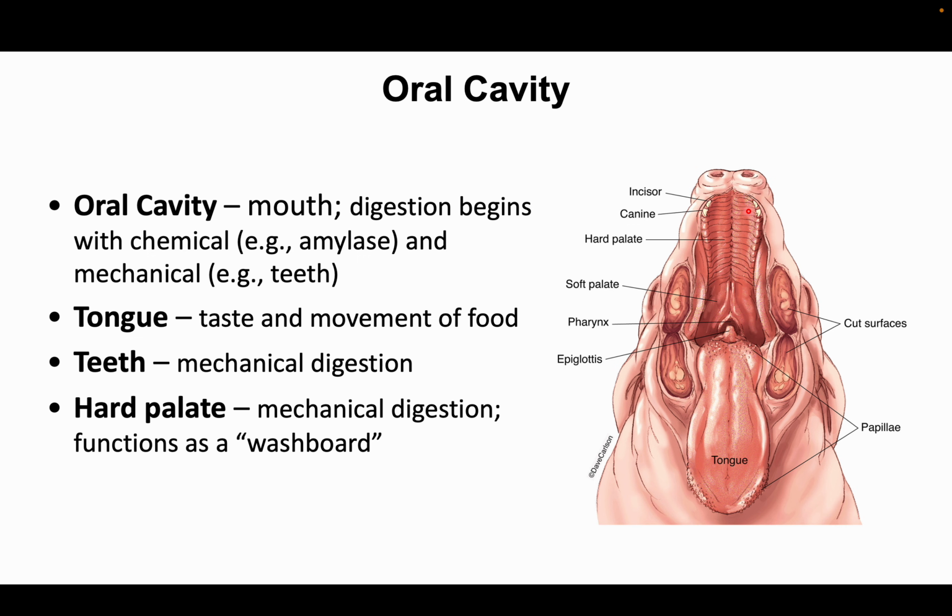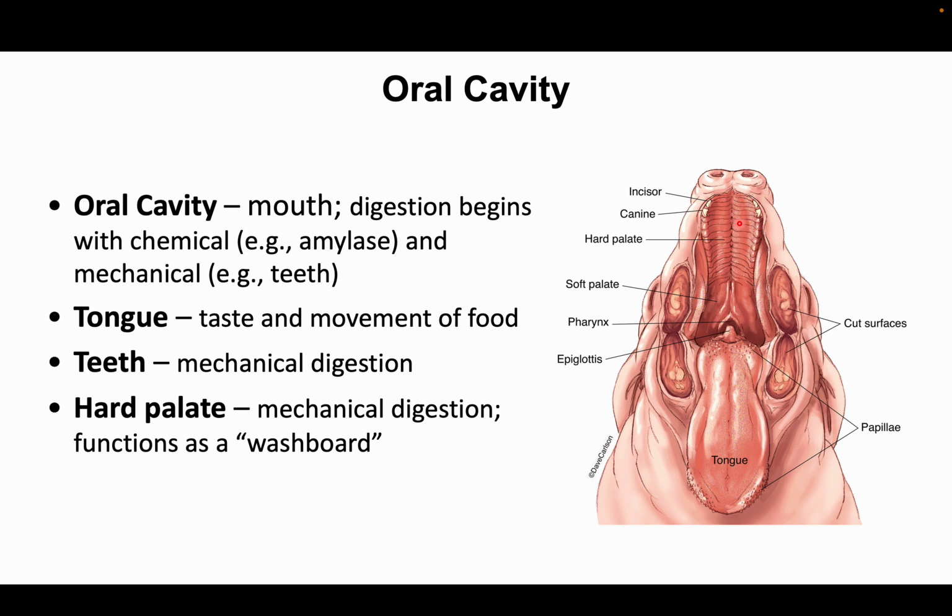You can see the tongue. Right here, the tongue has taste buds in order to help with taste, and it also helps move the food around. There's also the teeth and the hard palate. So the hard palate is found on the roof of the mouth, and you'll notice that there are these ridges, and these ridges are important because they also help crush the food.